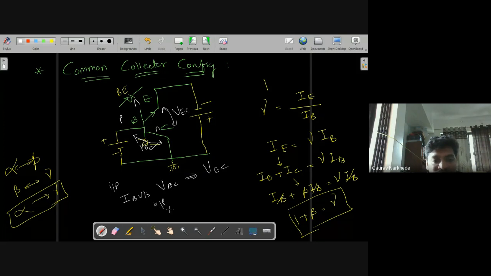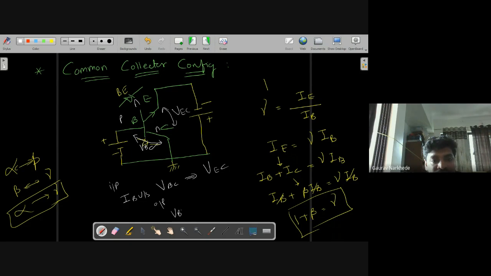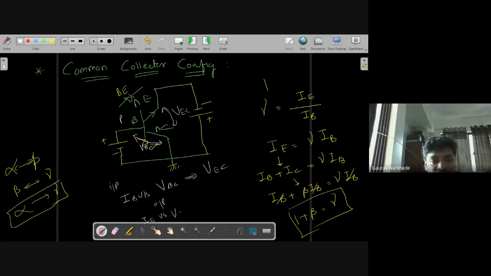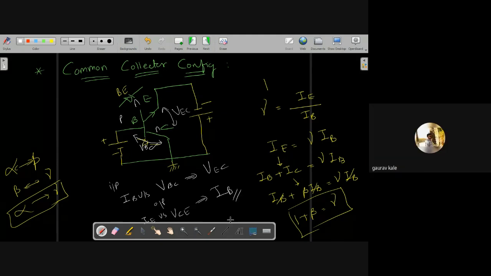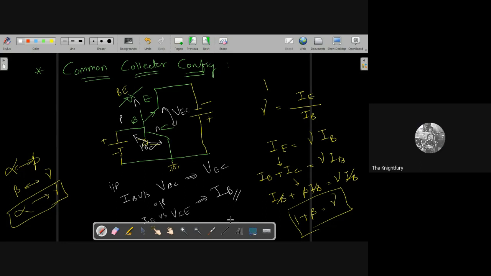And output characteristics is a graph of current versus voltage. What is the current? Output current IE versus VCE. What is constant? IB. Okay. Any problem in this? No, sir.